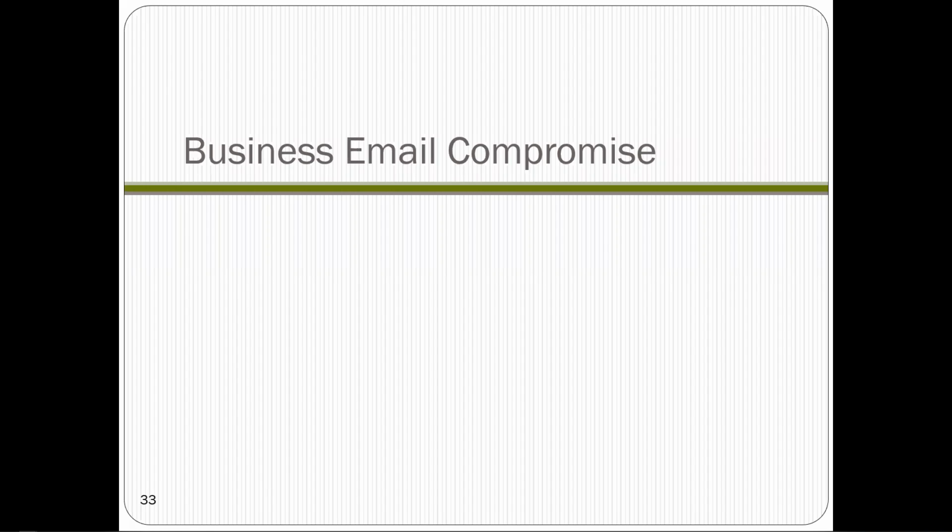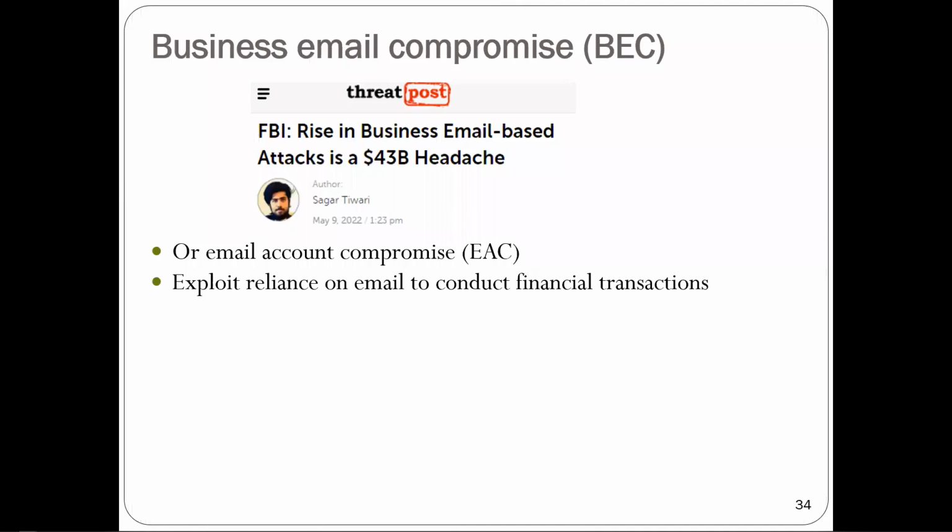And we left off on business email compromise. As the name suggests, we're trying to get into a business entity. And this is one of the fastest growing ways of losing money in this country. It's a $43 billion headache. That was something over the summer that was reported by the FBI.